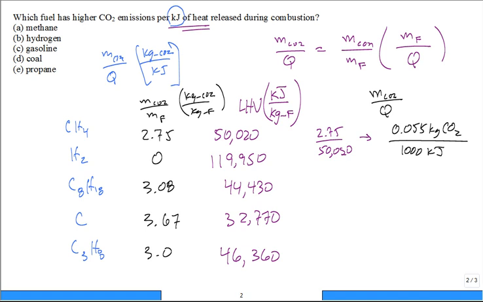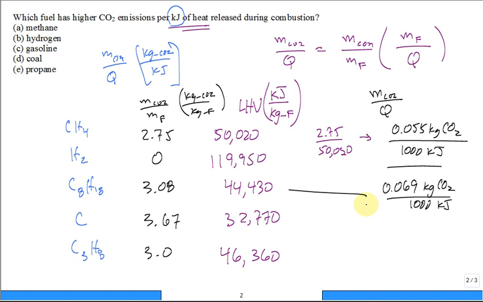How about for the hydrogen? Well, forget it. Just leave it off because it's 0. How about for the gasoline? 0.069 kilograms of CO2 per 1,000 kilojoules.